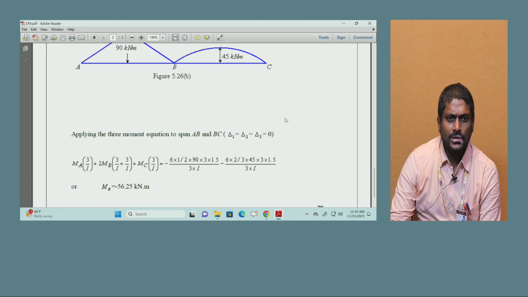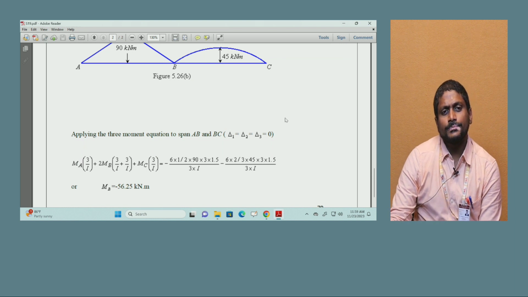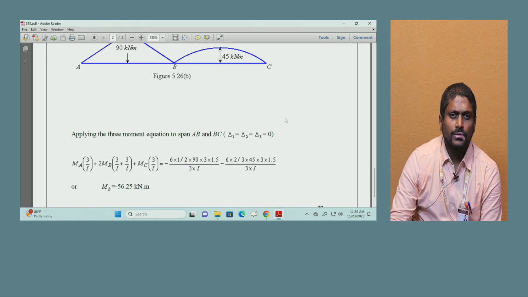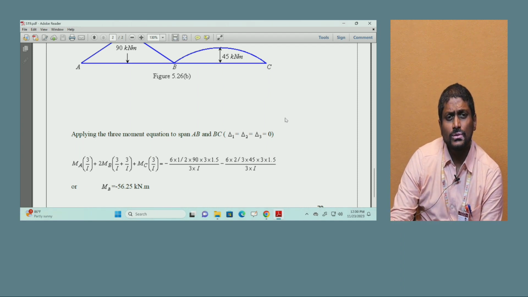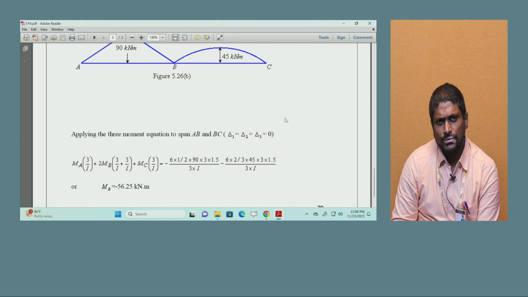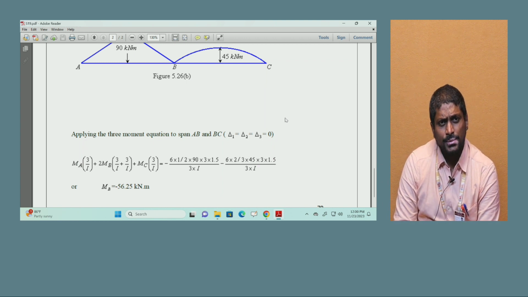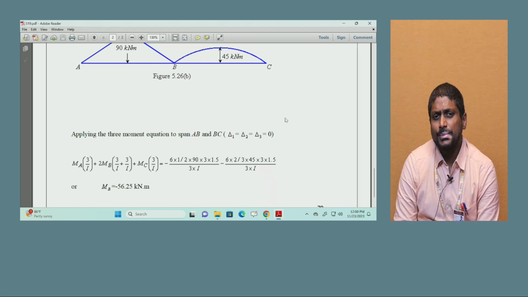MA into L by I plus 2 MB into LAB by IAB plus LBC by IBC plus MC into LBC by IBC equals 6 A1 x bar 1 by I actually.